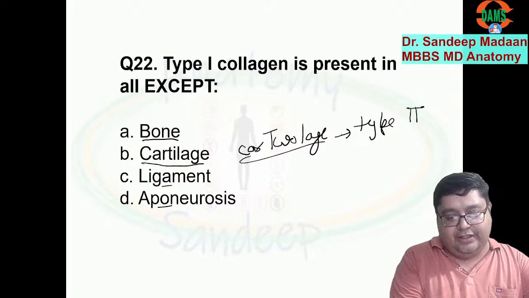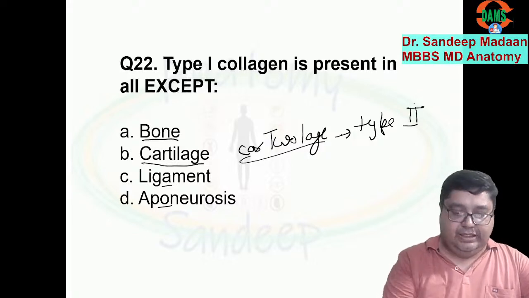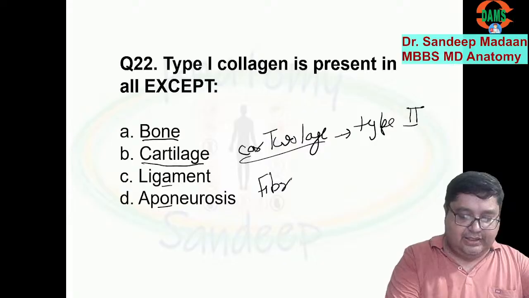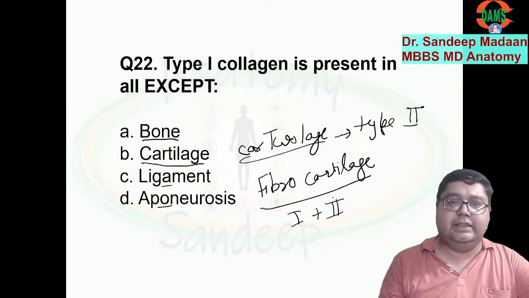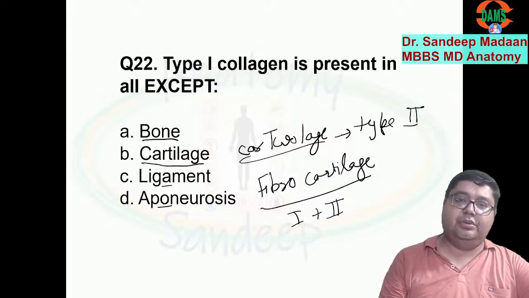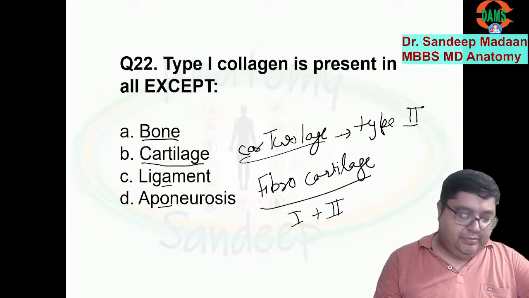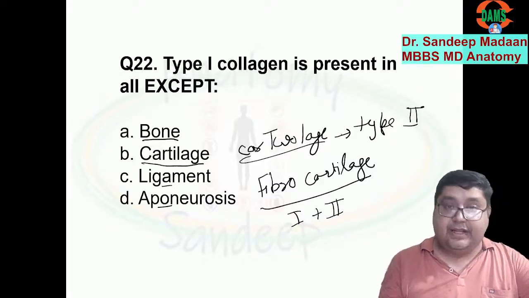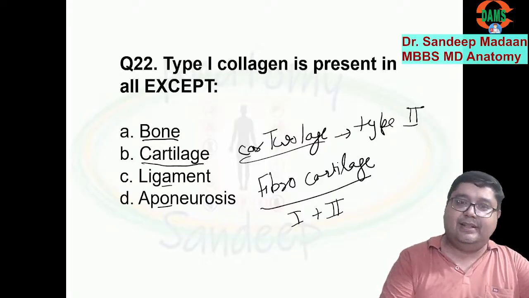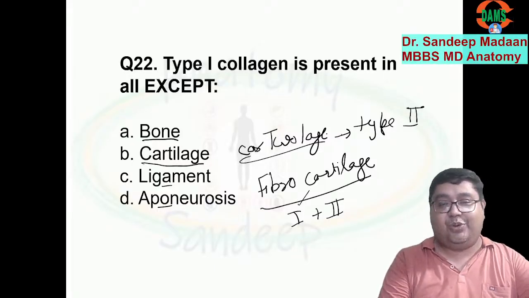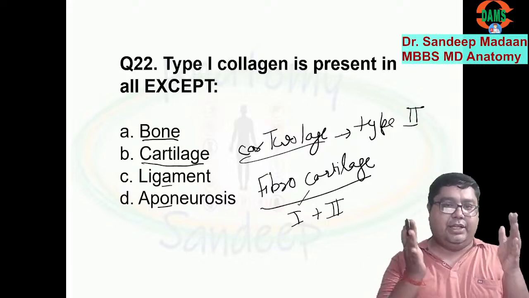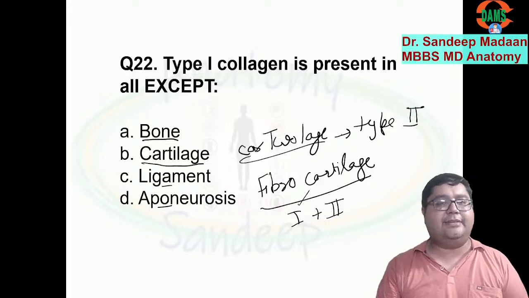But if you look at the fibrocartilage specifically, it is having type 1 plus 2. That means it is having type 1, so how can we say it is absent? Yes, type 1 is dominant in the fibrocartilage. But by and large, when you categorize, cartilage is usually categorized as type 2.